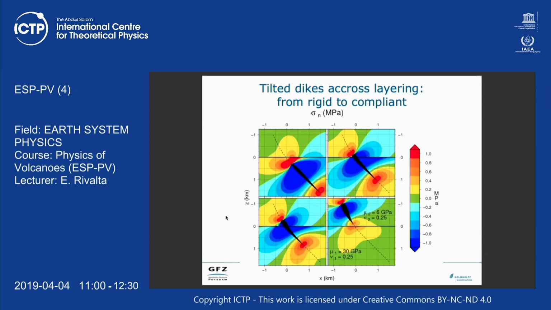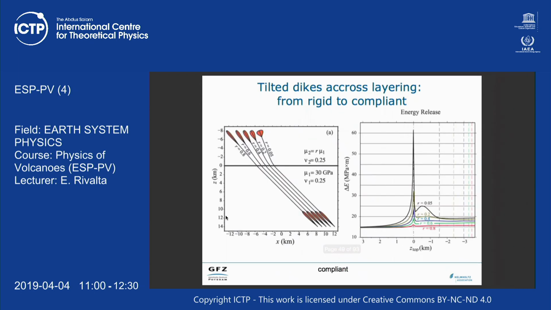Okay, this was another paper, McAfee et al., where they looked at the effect of having a layer. So basically the dikes start all like this, and then here you have a layering, a more rigid medium and a less rigid medium with different elastic ratios between the two media.